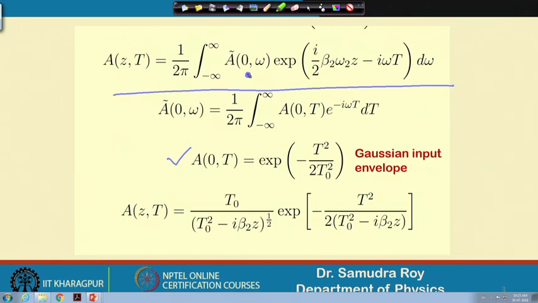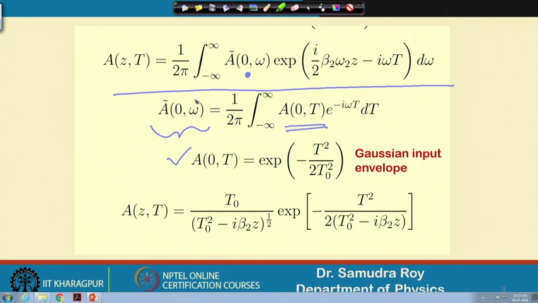That information one can obtain from the fact that if the input pulse shape A0(t) is known in the time domain, and I take a Fourier transform of this, then we will have the value of A0(omega).